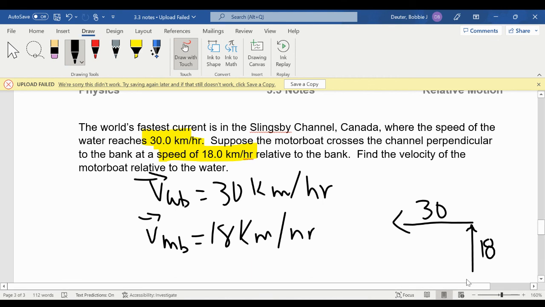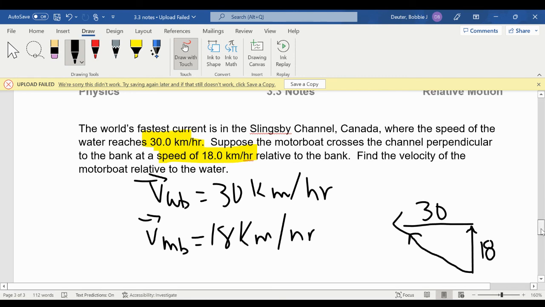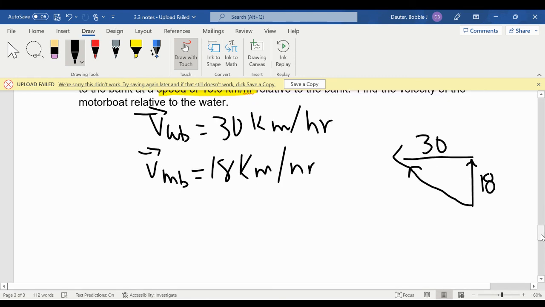We need to find, as the motorboat is crossing, the speed of that motorboat as it's going here, because it's going to be moving in this direction because of that resultant vector. It's not going to go straight across. It's going to be moving in this different direction. So we need to use the equation.